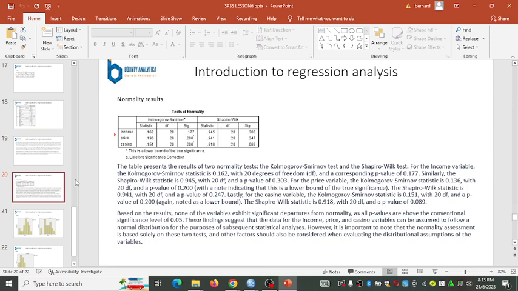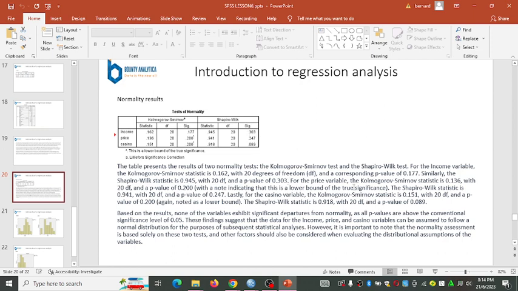And for the income variable, the Kolmogorov-Smirnov statistic is 0.162, with these degrees of freedom, and a p-value of 0.177. Similarly for this other one, with a value of 0.33.